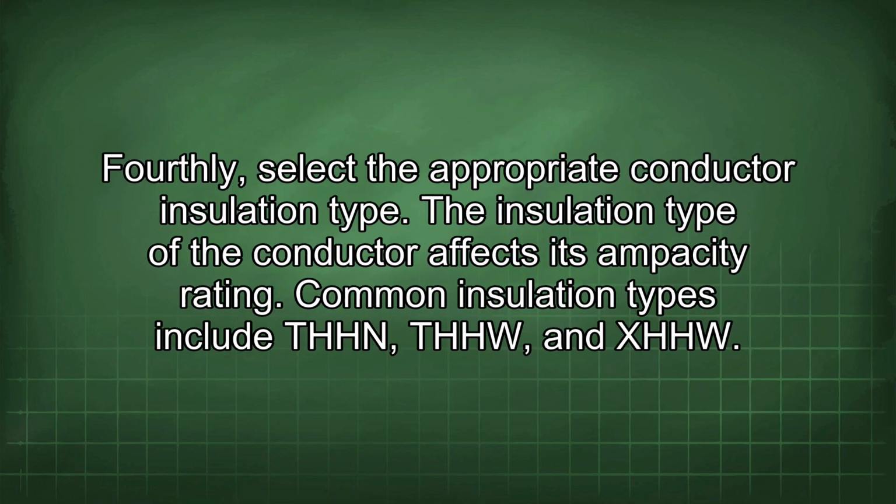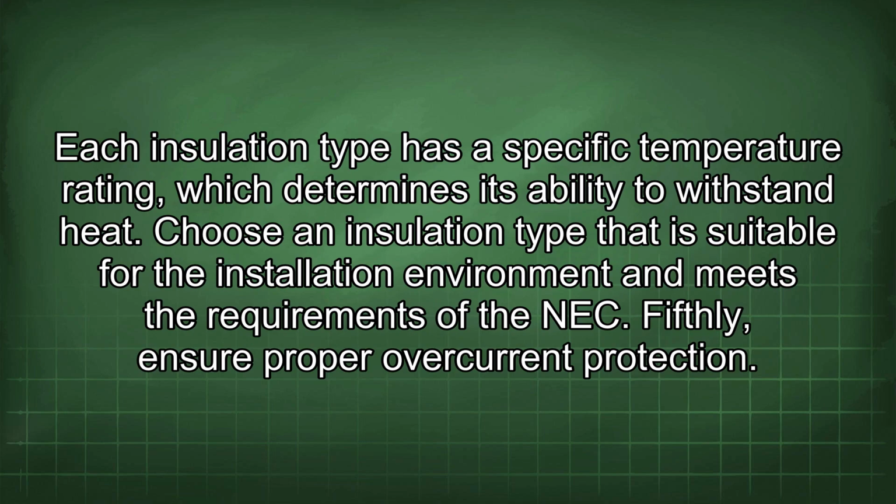Fourthly, select the appropriate conductor insulation type. The insulation type of the conductor affects its ampacity rating. Common insulation types include THHN, THHW, and XHHW. Each insulation type has a specific temperature rating, which determines its ability to withstand heat. Choose an insulation type that is suitable for the installation environment and meets the requirements of the NEC.